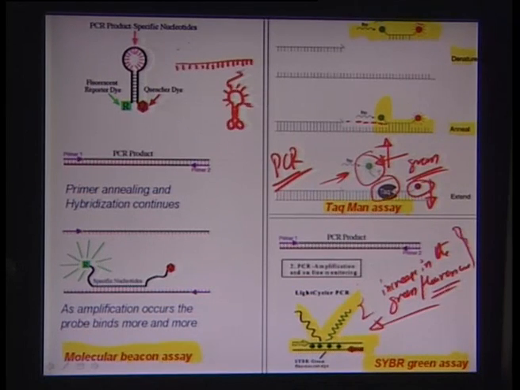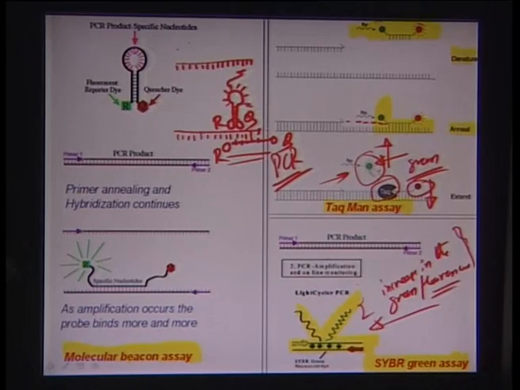As soon as it identifies its counterpart, it is going to bond, and in the process the hairpin loop is straightened out into a full size primer, and the reporter and the quencher molecules are separated by beyond a certain distance.